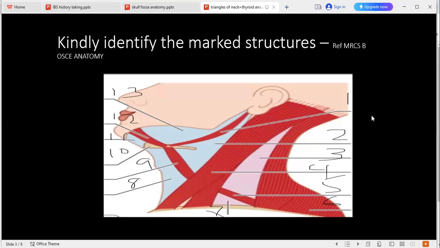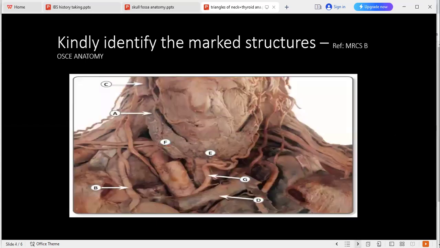So trapezius originates from the ligamentum nuchae, the superior nuchal line, and the spinous processes of cervical 2 to thoracic 12 vertebrae, and is inserted into the posterior border of the clavicle and onto the spine of the scapula. Okay, thank you.